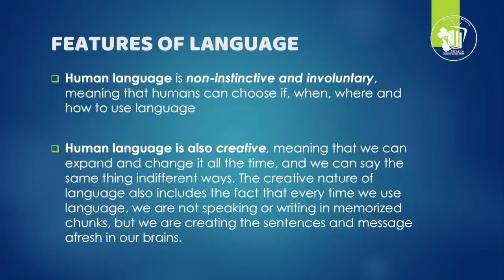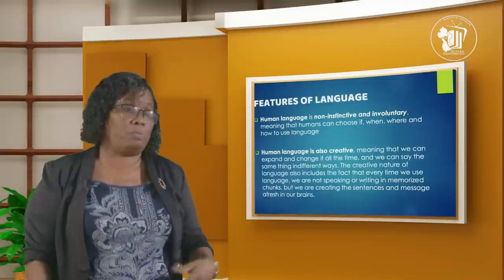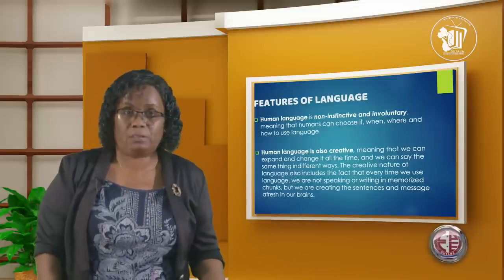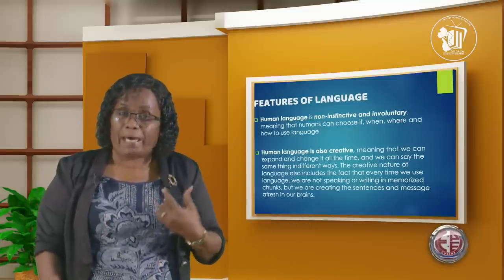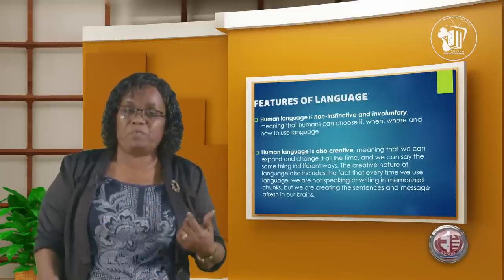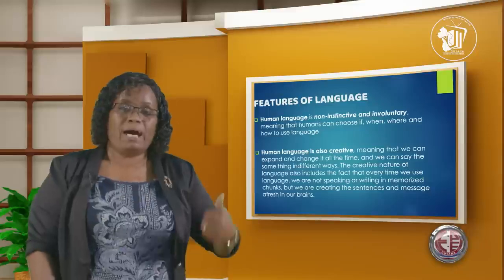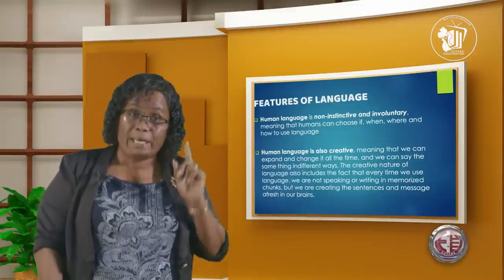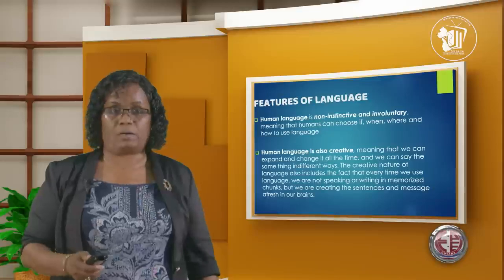I don't want to talk to you. I'm at a funeral and I don't want to make too much noise. Everybody's going to turn to look at me. I'm not going to talk. So I choose when I want to use language. So that is one of the main features of language, that humans have the ability to choose where, when, and how, and if they want to use language.